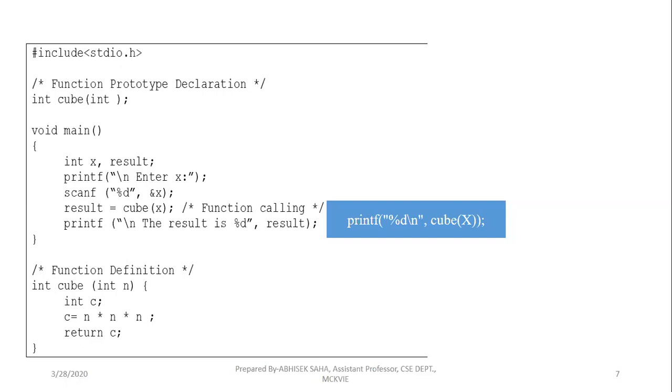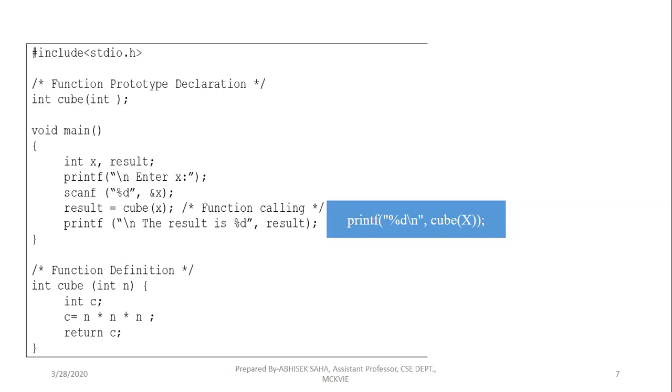But function definition cannot be nested. That means you cannot define a function inside another function. In this example, what we have done, we have closed the braces of the main function.